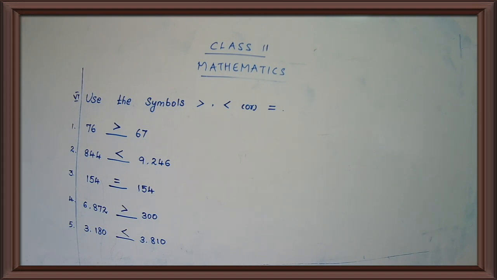The 4-digit number is the greatest, so we have to use the symbol for greater than. 6872 is greater than 300.